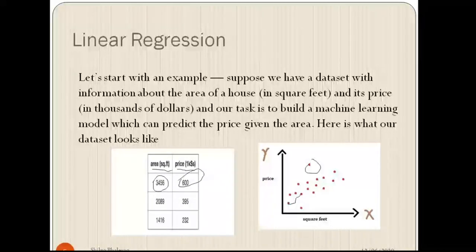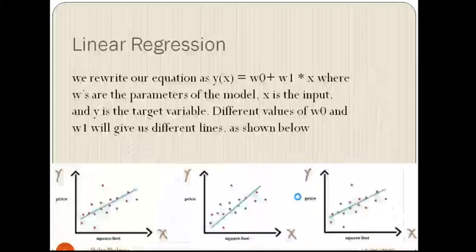If I pass the line like this, maybe this line is not as smooth as we need, but we can predict a line which covers the maximum points. The objective is to minimize the distance between the predicted value and the actual value.